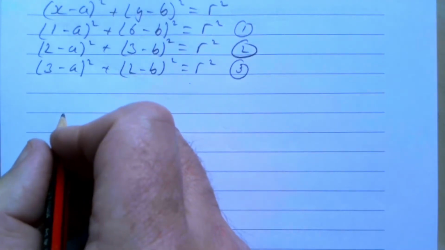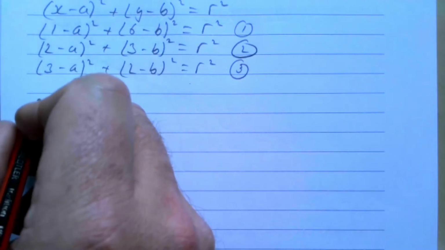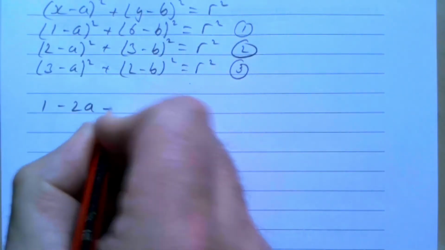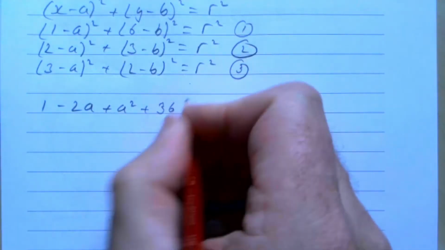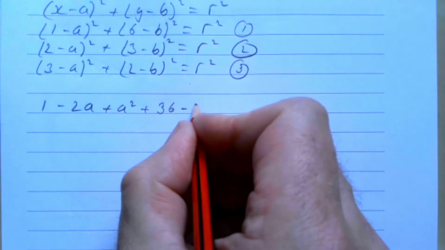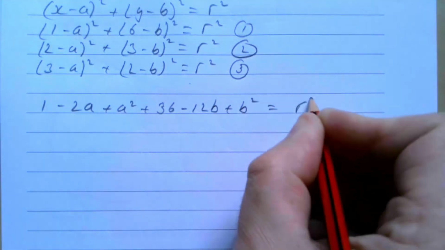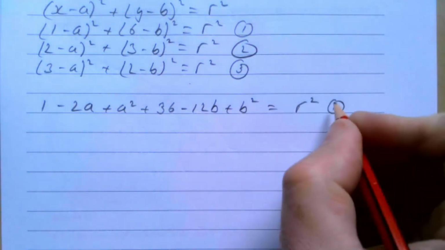Multiplying these out and rearranging them very slightly, our first one is going to be 1 minus 2a plus a squared plus 36 minus 12b plus b squared equals r squared. That's our equation 1.